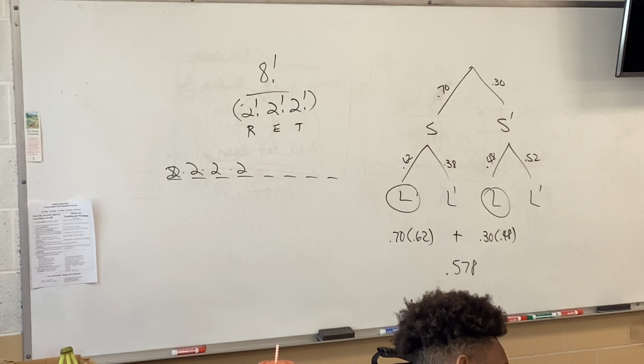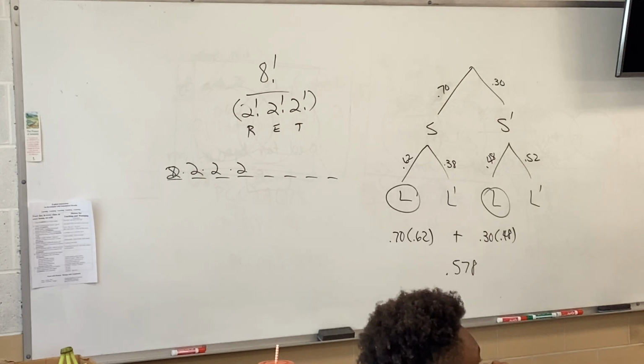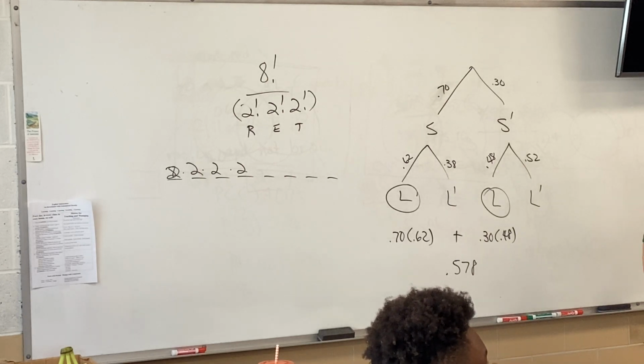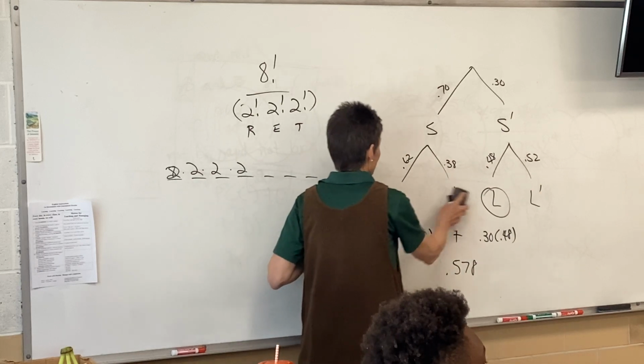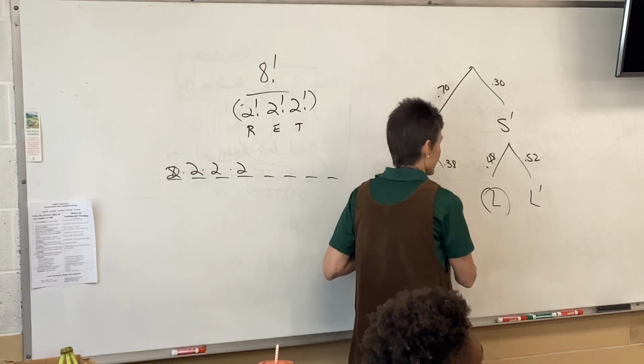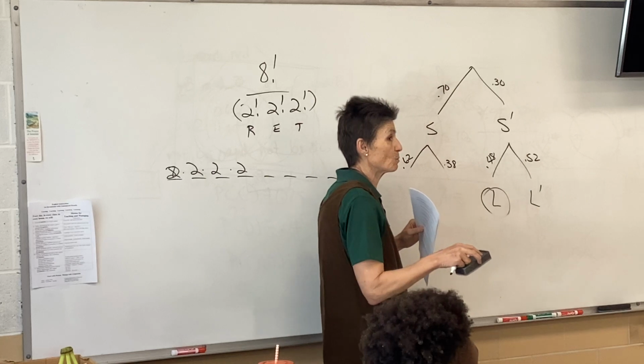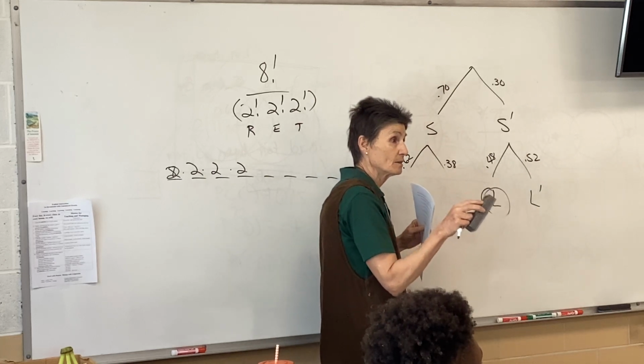All right, how many committees consisting of 3 boys and 5 girls can be formed from a class of 10 boys and 8 girls? This is like your card problems, only instead of diamonds and clubs, we've got boys and girls.